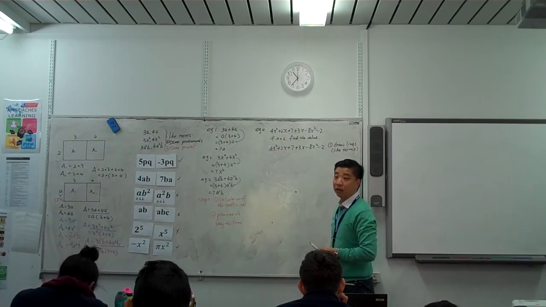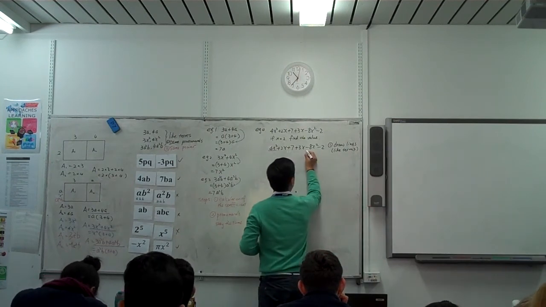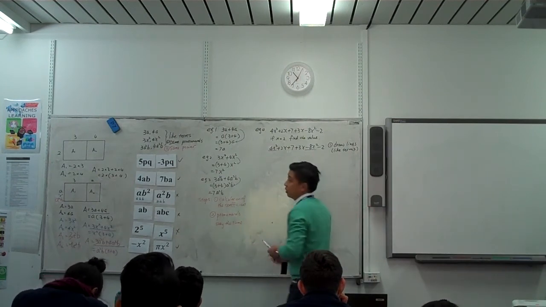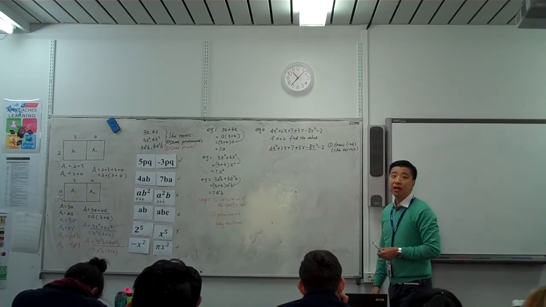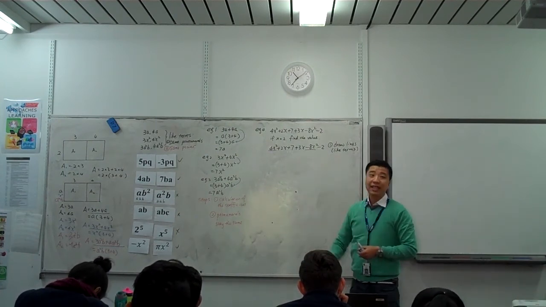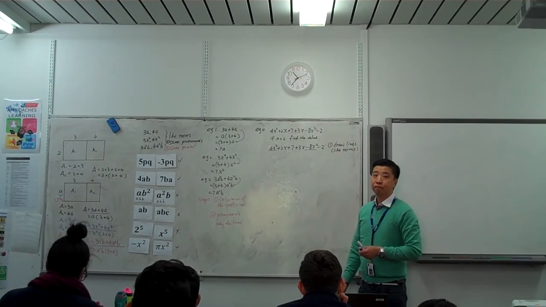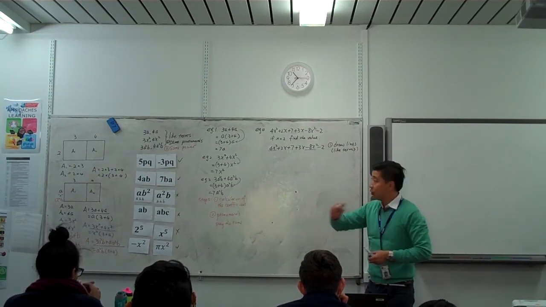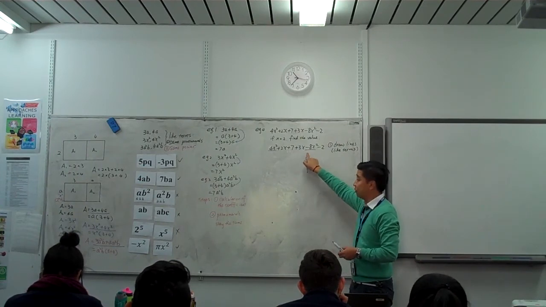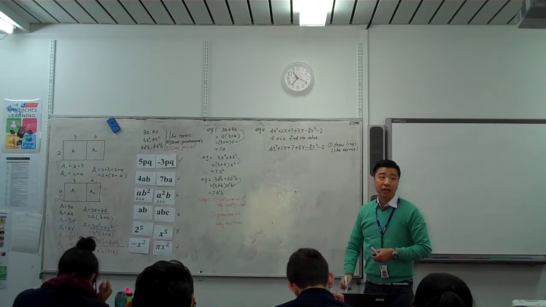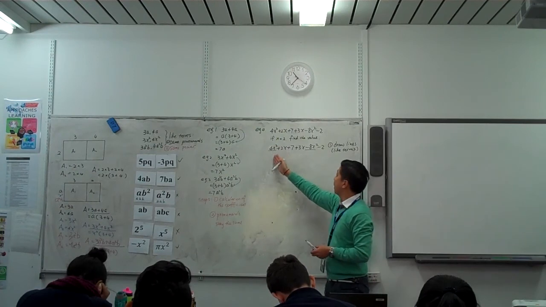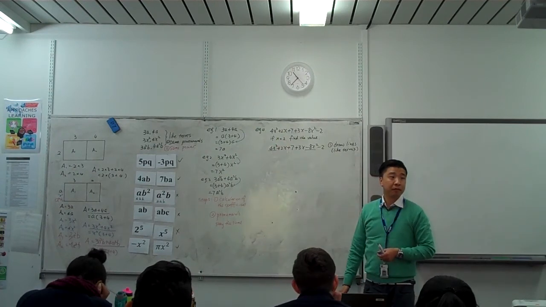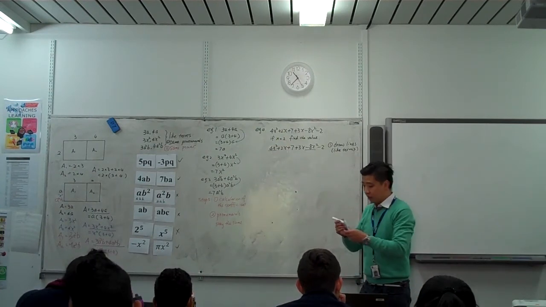Which one is like? It's negative 8x squared. This is very important. We want everyone to include the sign: negative 8x squared. Any other like terms of the x squared term? No? Good. Let's continue.